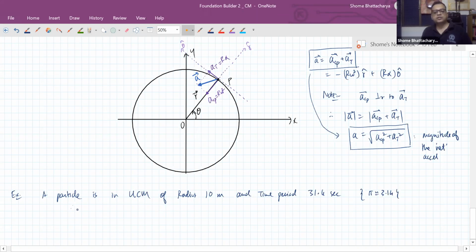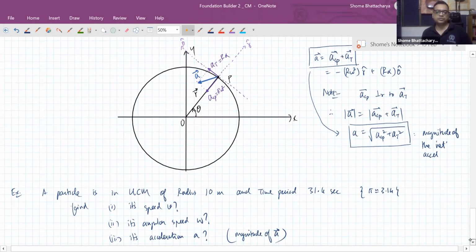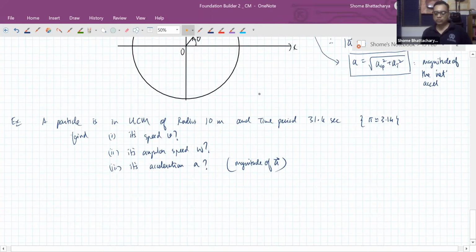Find its speed, its angular speed, and its acceleration. All three are magnitudes; the acceleration is basically the magnitude of acceleration. That's what we have to find. Just try this out, people. Very simple question. Just apply the formula-based ideas of uniform circular motion. Then we'll come to an example or two of non-uniform circular motion also.